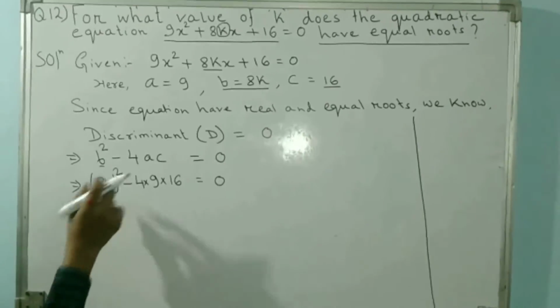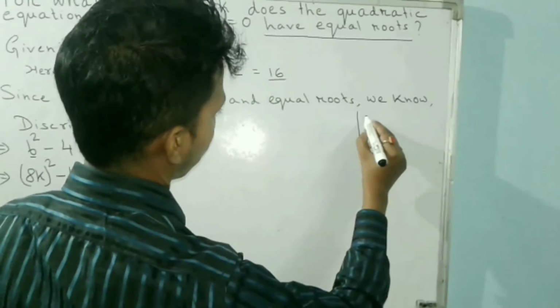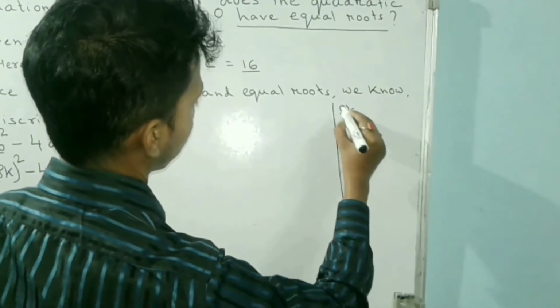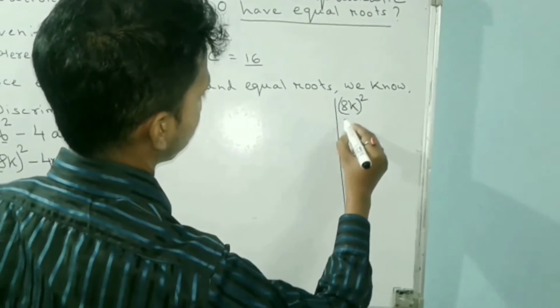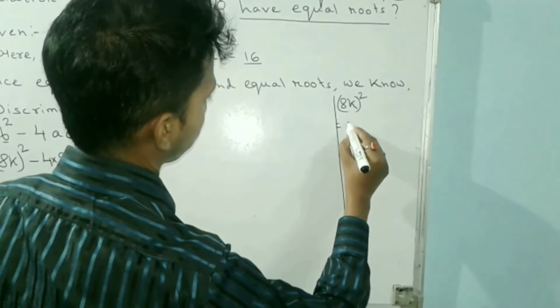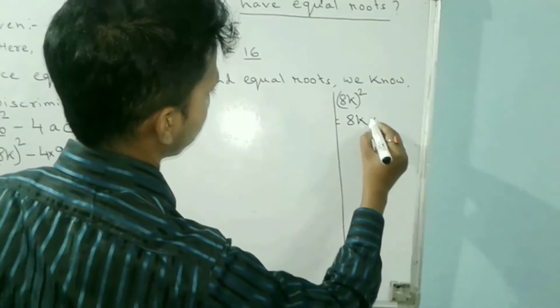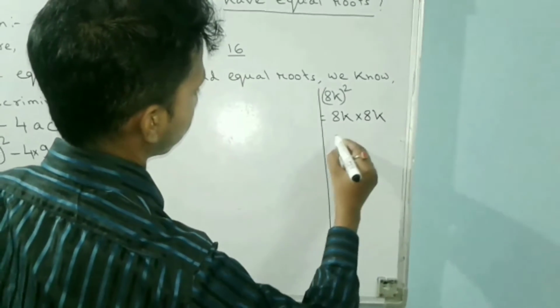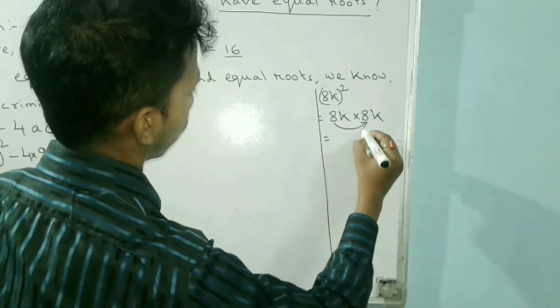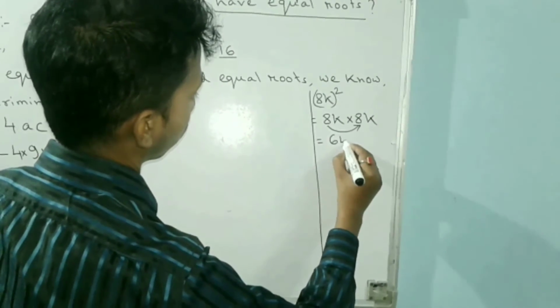Now (8k) square means 8k into 8k, so 8 into 8 is 64.